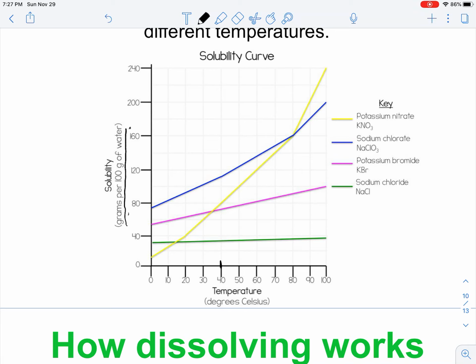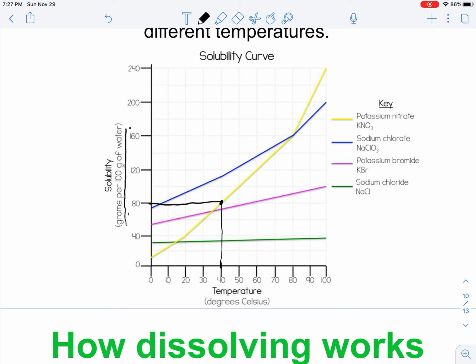Now you don't have to be unbelievably exact with this kind of stuff, but you get the idea of what we are looking at.